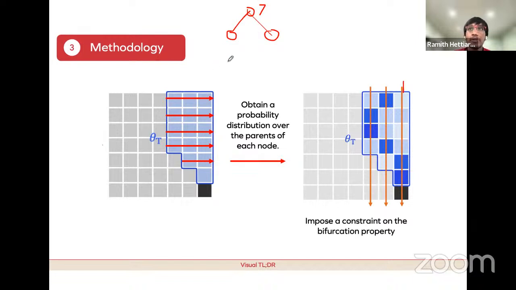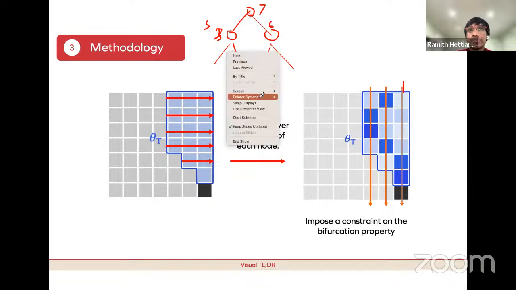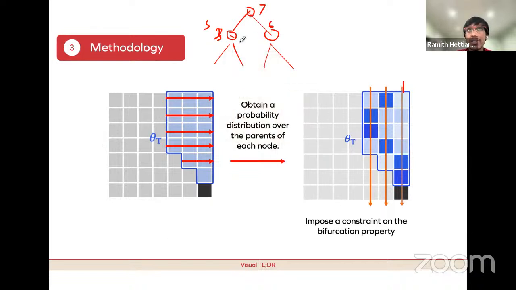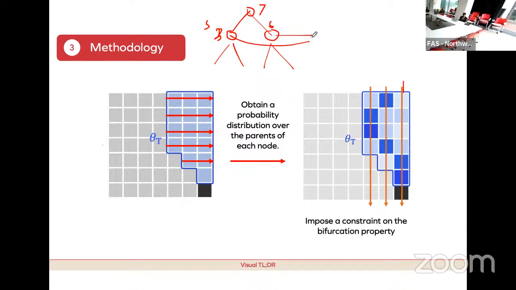We fix the topological ordering such that we cannot encounter something like 3 here and 6 here. We have strictly decreasing nodes. But each of these ancestors are just placeholders, so you have another dimension to find what it is. Yes, that's correct, and that's the nice property that we exploit here.